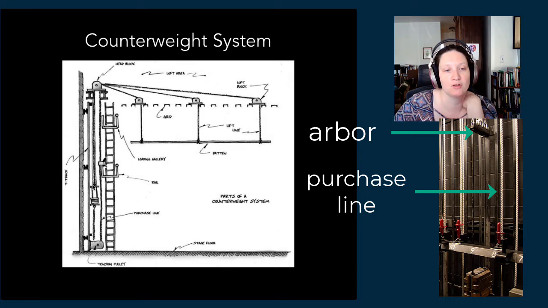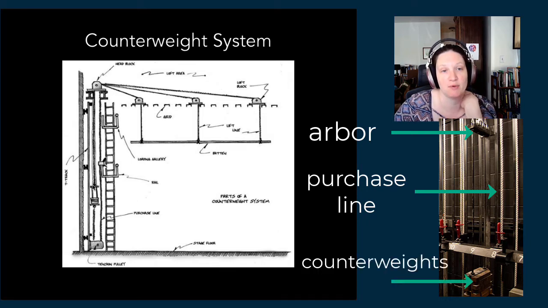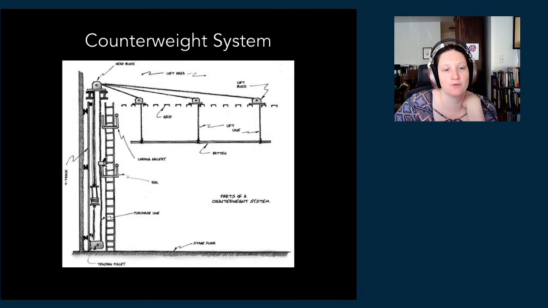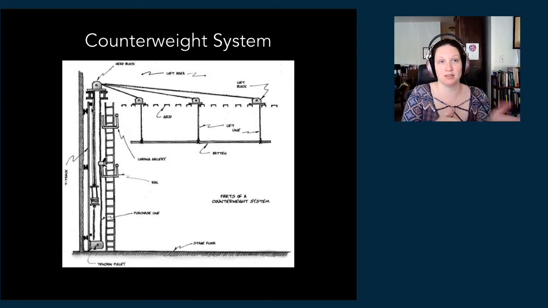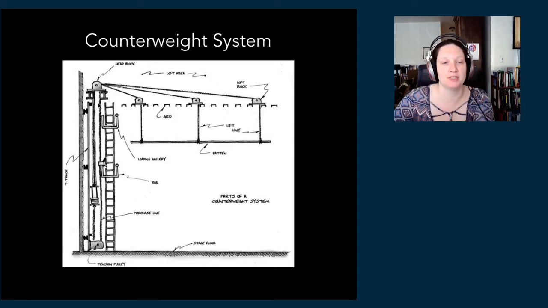The arbor holds the counterweights, right? So this is how we balance the weight over here. We place counterweight bricks on an arbor. All of this arbor runs in a T-track, which keeps it from floating out of alignment with the system.